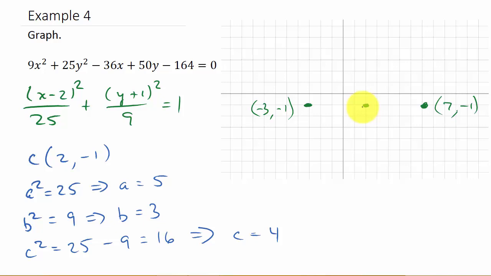Okay, so from the center I go up 3, 1, 2, 3, and down 3, 1, 2, 3. Okay, and so this would be (2, -4), and this would be the point (2, 2).